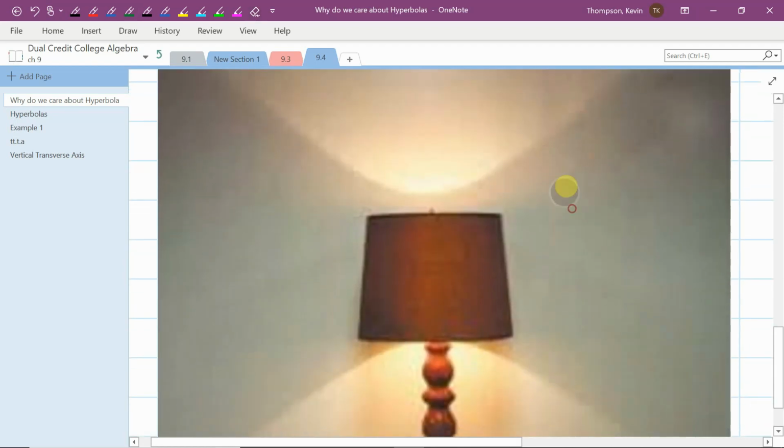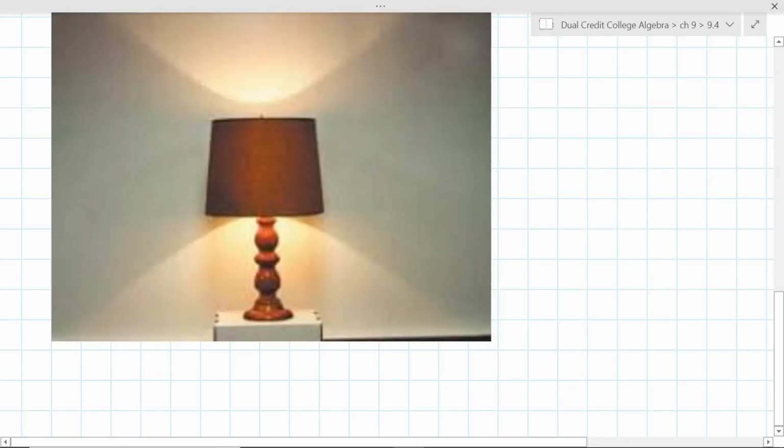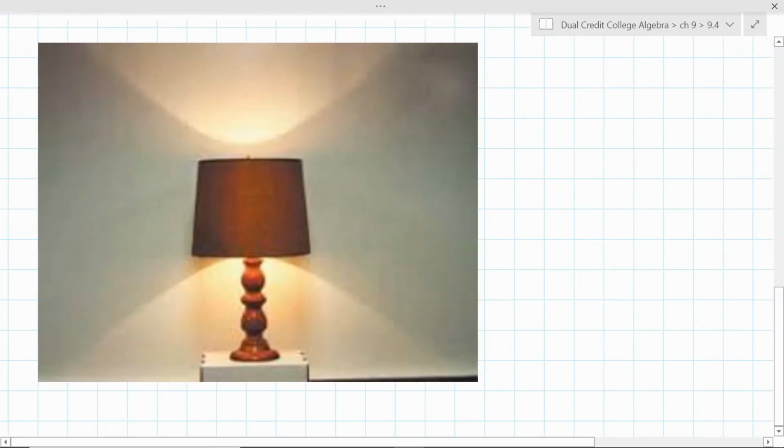Another example, something that you can see, is if you put a lamp really right next to the wall. The light is emitting from the center, out in all directions, but it's going to be cut off by the shade of the lamp.